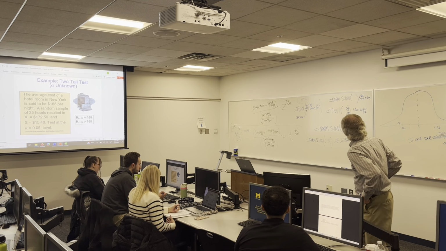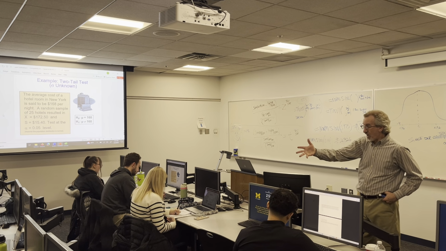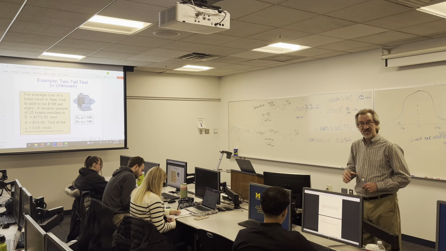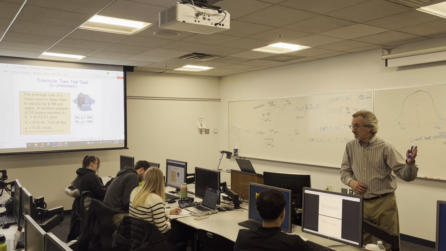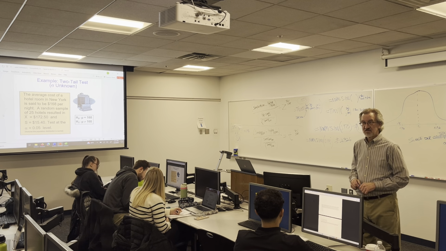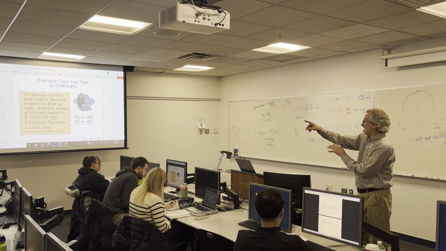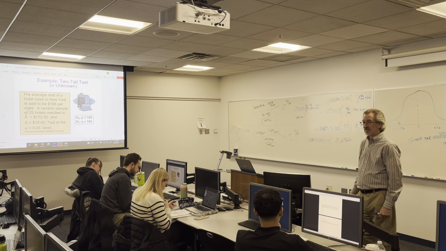Is 0.1573 more or less than 0.05? More than. Anytime our p-value is more than our significance, do we reject or not reject? Not reject. Our p-value, 0.1573, is greater than our significance, 0.05, therefore we cannot reject.